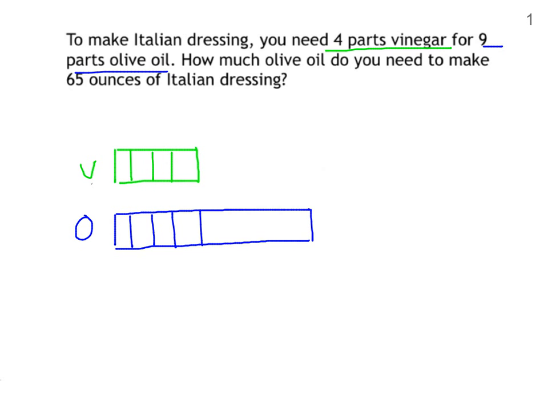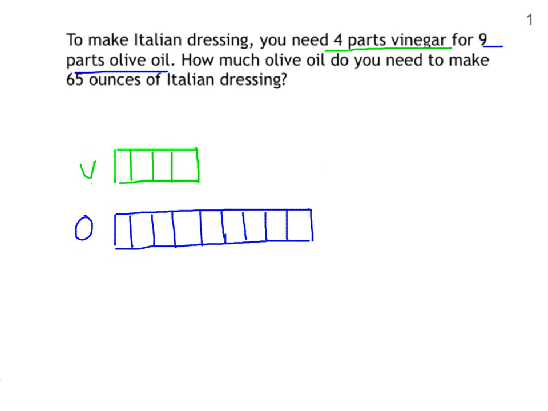Salad dressing is generally mostly oil. So we've got 4 parts that I've already drawn in, and I want to make another 4 parts. And then that last bit I'm going to split up into 2 more, so if I go back and count, I should have 9 parts. Looks good. All right, so we've set up our ratio.